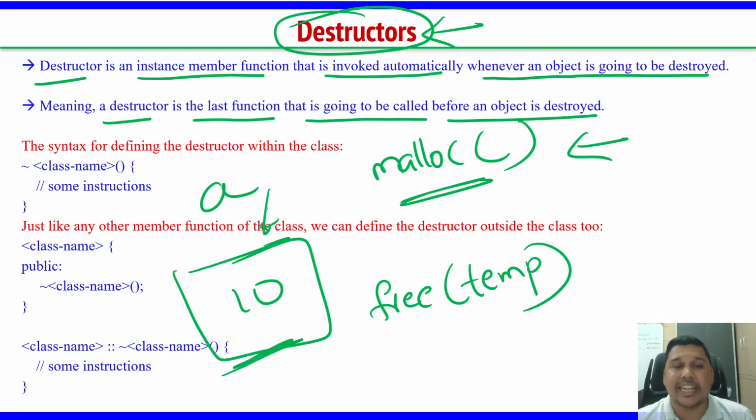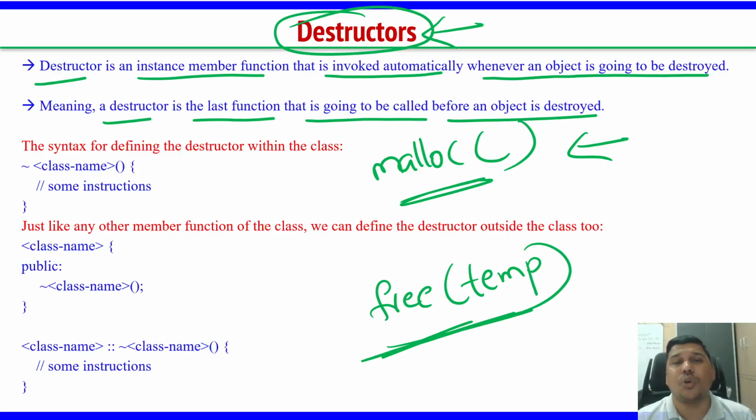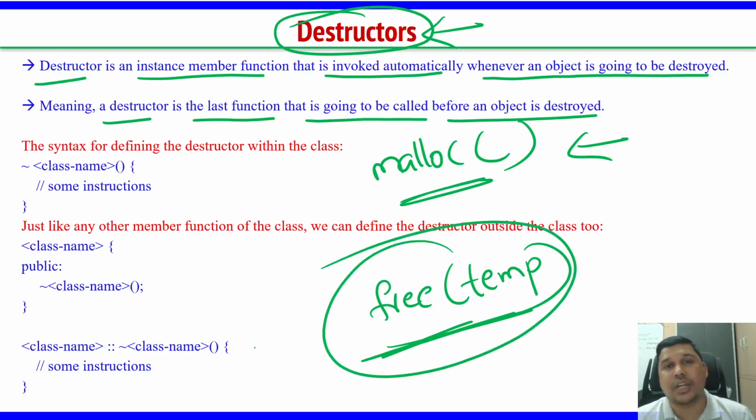When I print it, it gives me the value 10. But when I write free, it deletes this complete block. Since you are creating it dynamically, we are erasing it manually by using the free function.